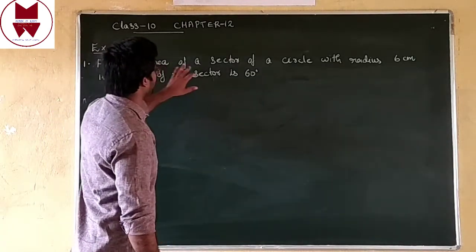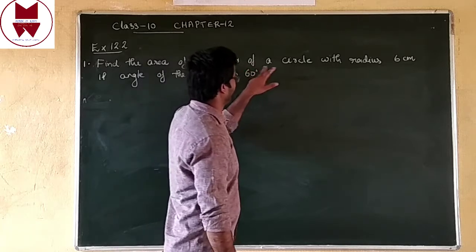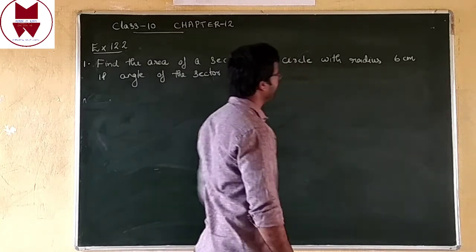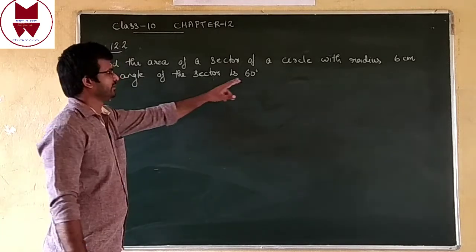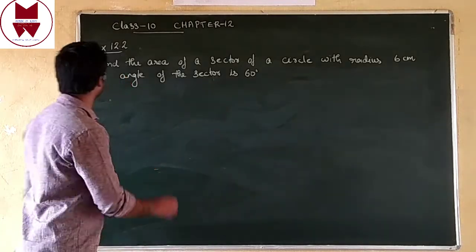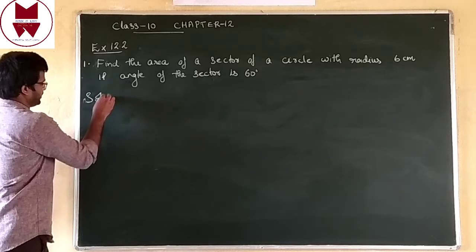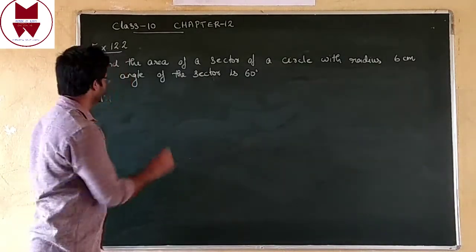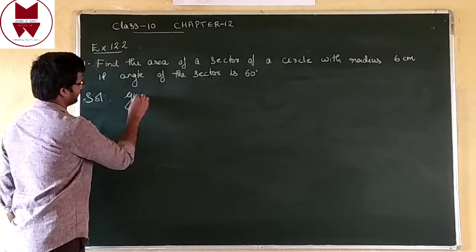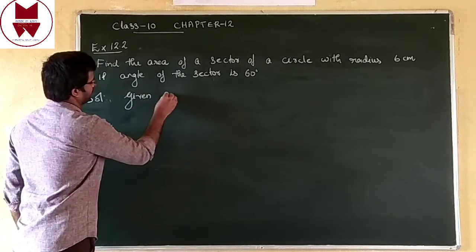Then we can see exercise 12.2, question number 1. Find the area of a sector of a circle with a radius of 6 centimeter if the angle of the sector is 60 degree. Solution. What things are given? We can write the given values first. Radius given.